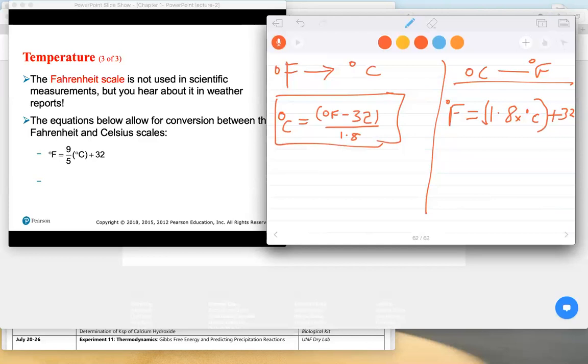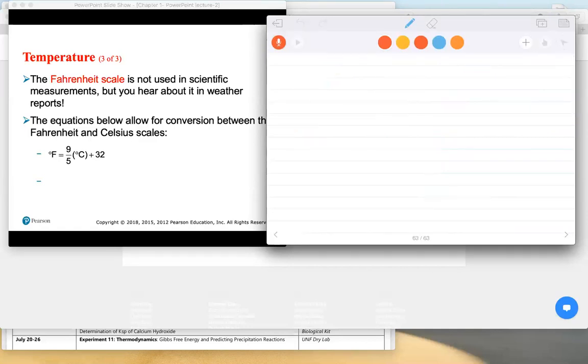If I want to change to Kelvin, there is no equation you can plug into directly. You have to change first to degrees Celsius, and then go to Kelvin.